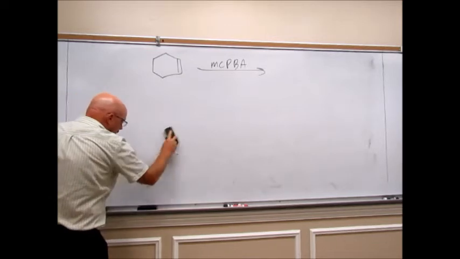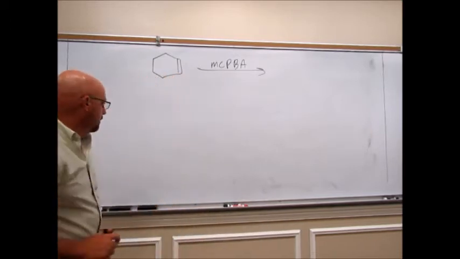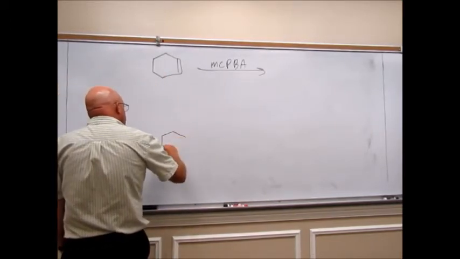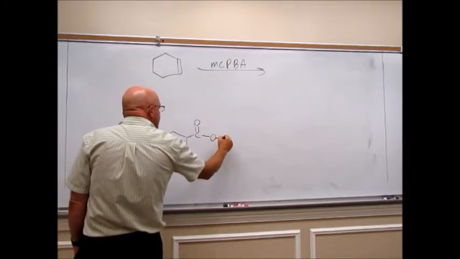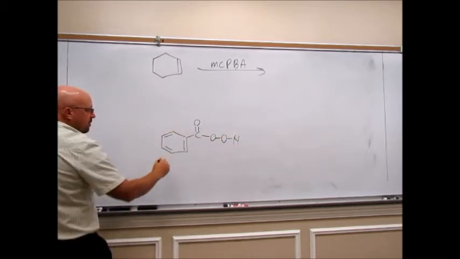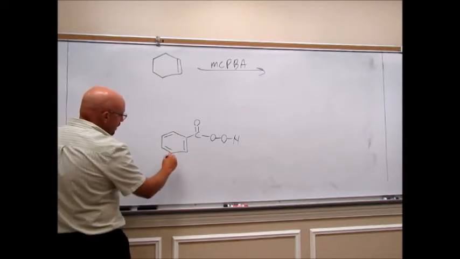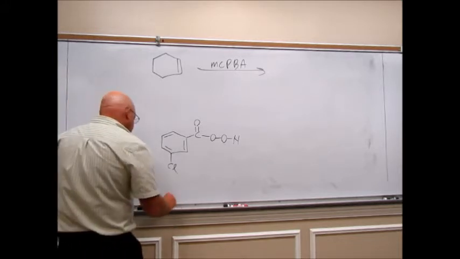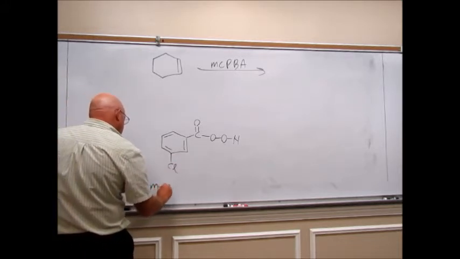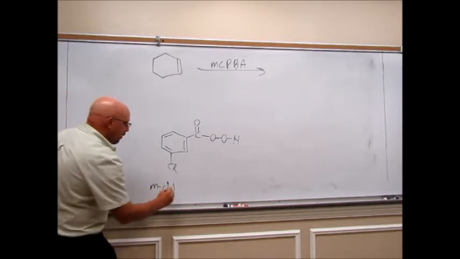It works extremely well, so that's what most everybody uses. Let's take a look at MCPBA. This is what it looks like. So it is a peroxy acid. There's the peroxy acid portion. Then on the ring there's a chlorine. The name of this is m-chloro or metachloro.